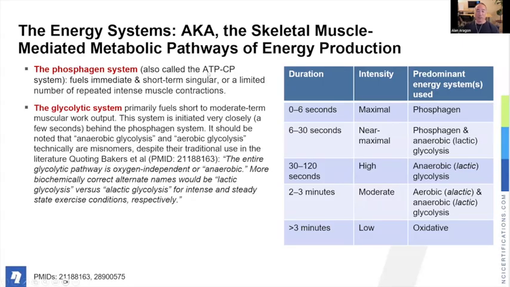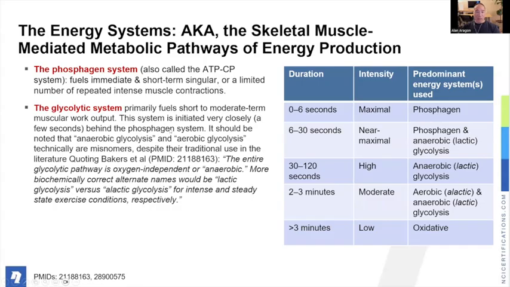The phosphagen system is the predominant energy pathway in activities like short sprints, 100 to 200 meters, single maximal lifts and jumps, and throws, those sorts of sporting events. That's where the phosphagen system, aka the ATP creatine phosphate system, predominates.